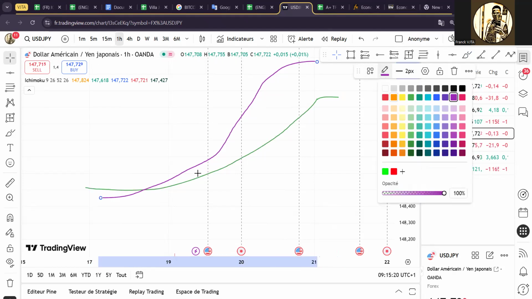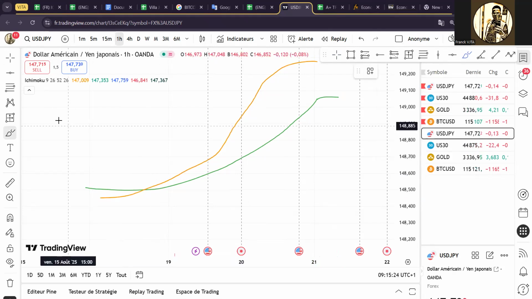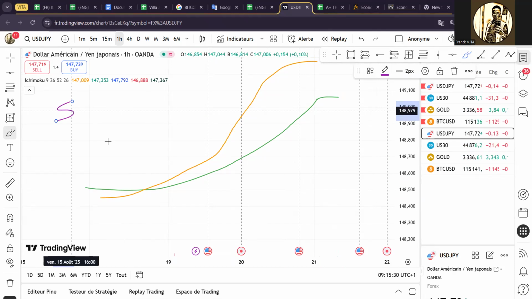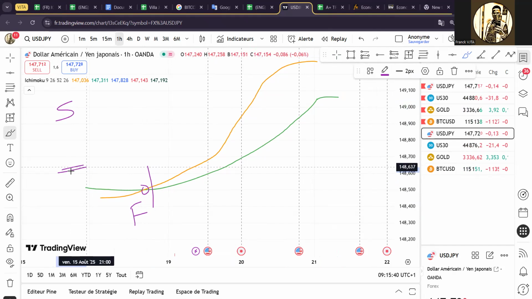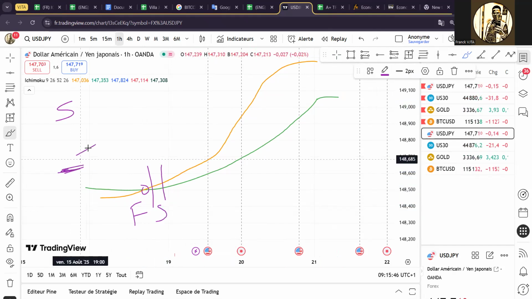What happens is that you now have what I call speed phases or speed steps. The first step is the fusion, which I will name F. The fusion is when Tenkan and Kijun are joined together, very joined. Then you have the skinny. Tenkan and Kijun are separated, but by just a small distance, like 3 pips.